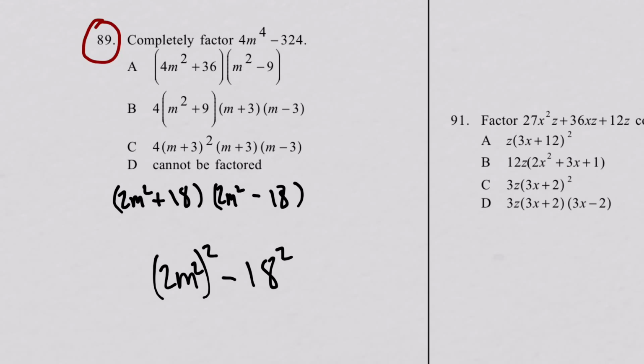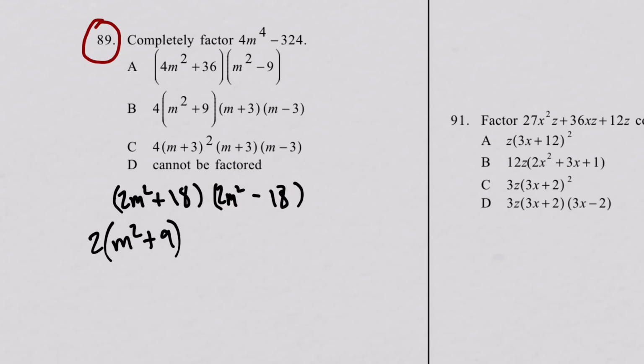Okay, but you could go even further, because on the second set of parentheses you have a negative right here, which means that you're subtracting these two things. So if you could factor out a 2, for example, and we are going to factor out a 2. Actually, both of them can be factored, so let's factor both of them. I'm going to divide out 2 on both of them. So that means that this one is going to be 2m squared plus 9. And the second one is also going to be 2m squared minus 9.